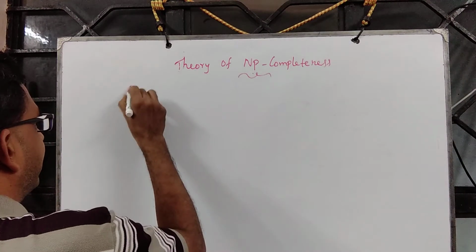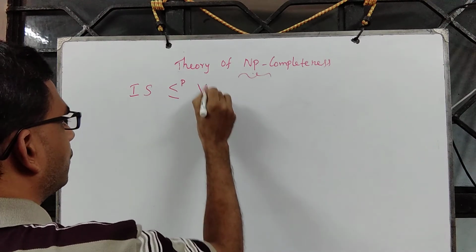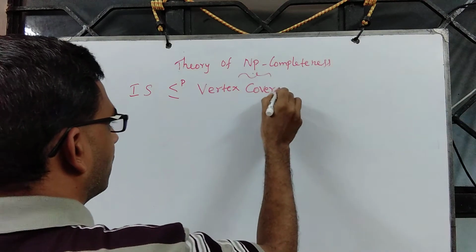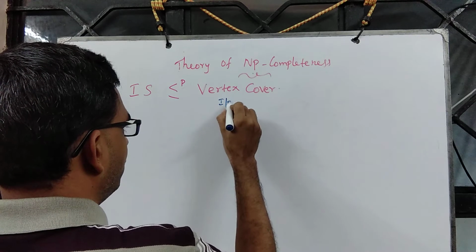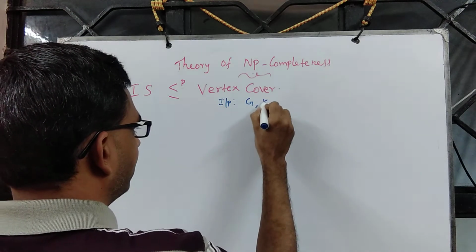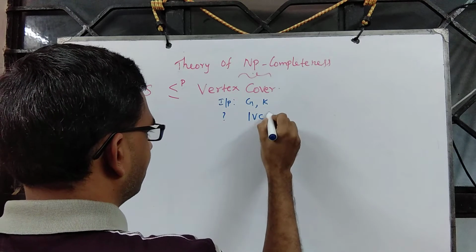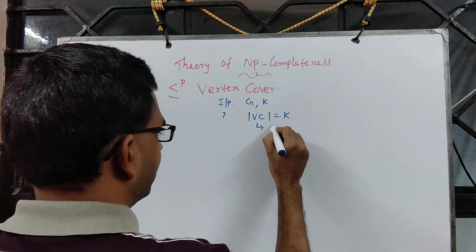Consider this reduction which reduces independent set problem to the vertex cover problem. We call that the input to vertex cover is G comma k, and we ask, does there exist a vertex cover of size k? And what is a vertex cover?